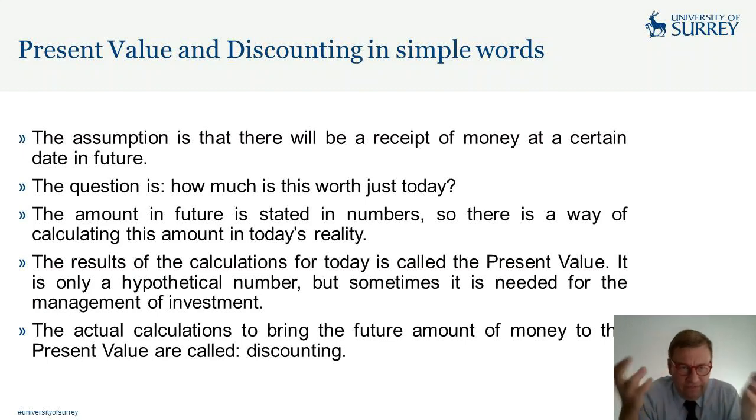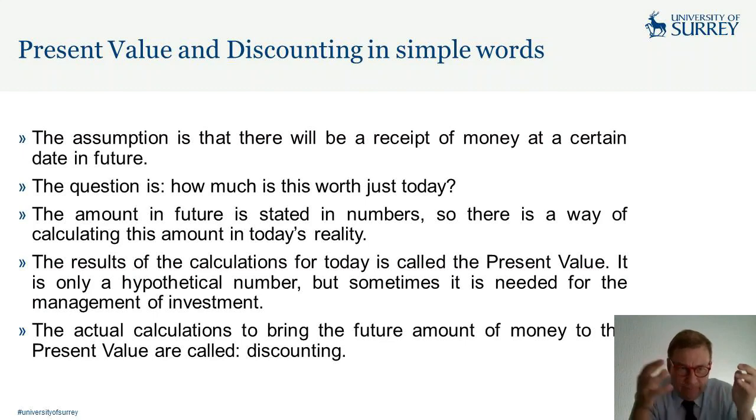So the amount in the future is stated in numbers. Most likely there is a way of calculating this amount in future in numbers into today's reality. And the result of these calculations that brings this amount of money to today is called present value.